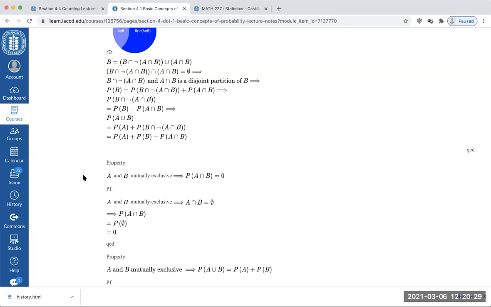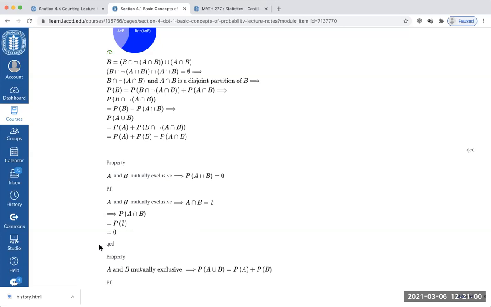If A and B are disjoint, meaning that A intersect B is the empty set, then the probability of A intersect B is 0. Well, if A and B are disjoint, mutually exclusive, then the intersection between A and B is the empty set. Therefore, the probability of A intersect B is the probability of the empty set, but we already showed the probability of the empty set is 0.